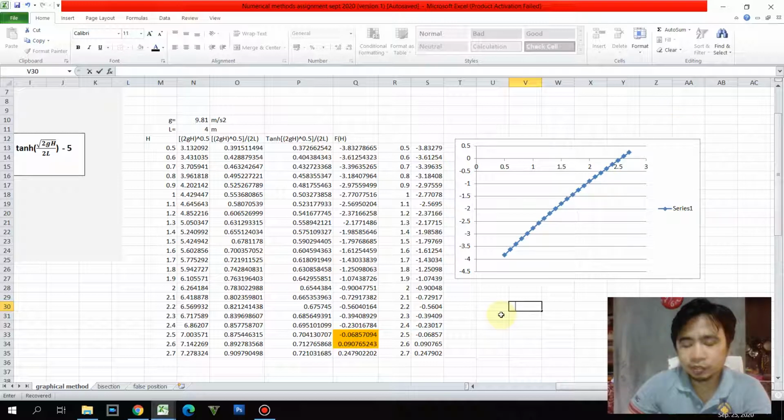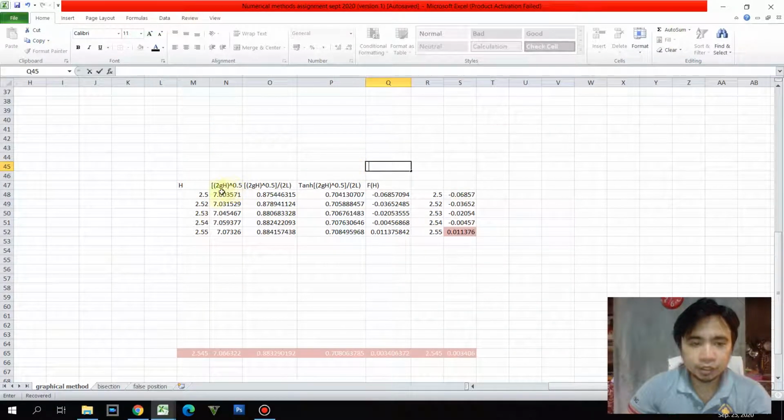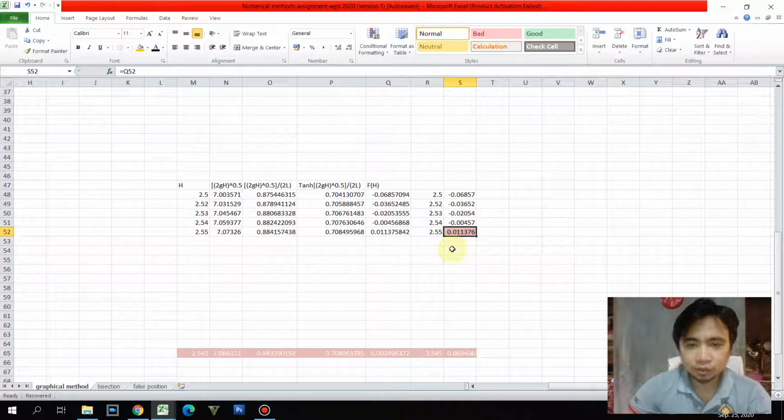And by this, I have considered a more precise range of scale in order to come up with a nearer value to 2.5. Then I have considered a range from 2.5 up to 2.55. Then come up with a value nearest to 0, 0.011 when h is 2.55.